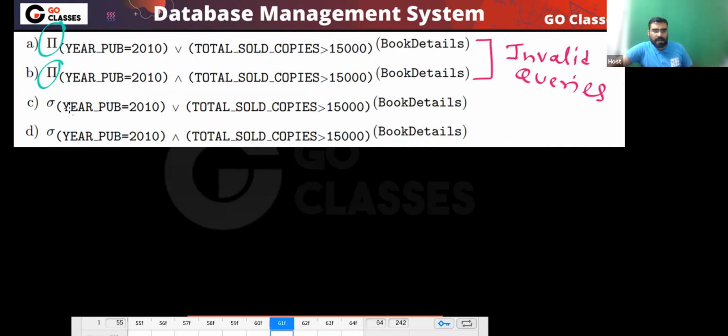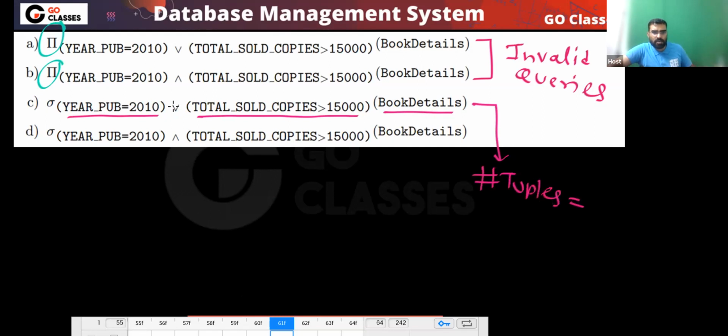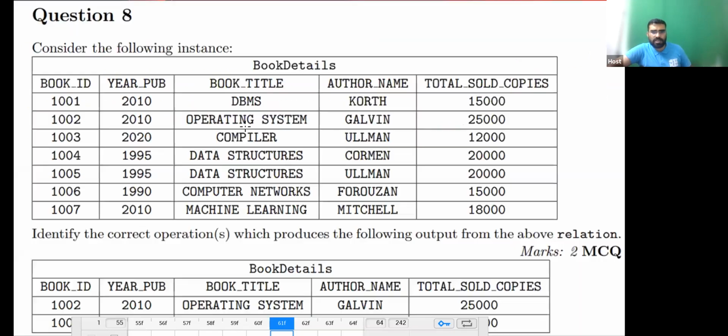Okay, now let's see what this query will give you. From the book details, this will give you those where either the year is 2010 or the number of copies sold is more than 15,000. So how many tuples will you get here? Either the year is 2010, so definitely this tuple, this tuple, this tuple you will get.